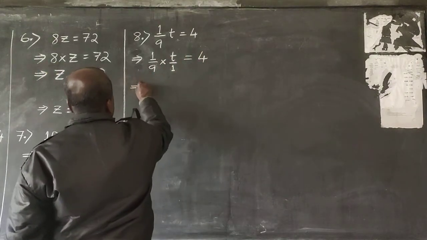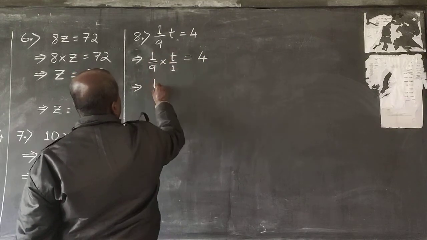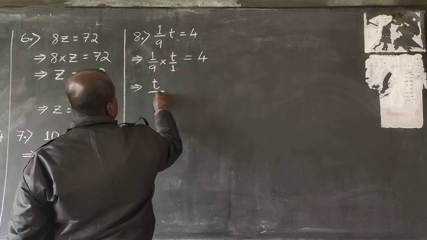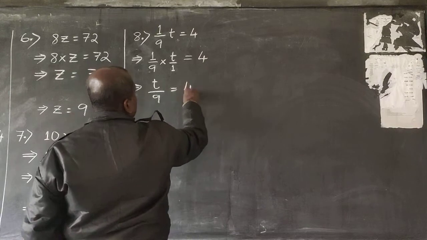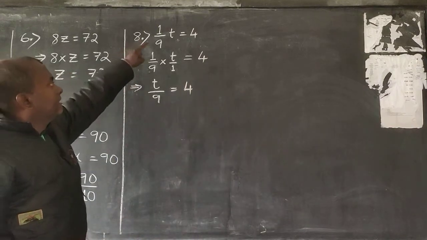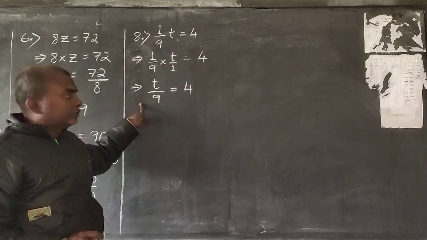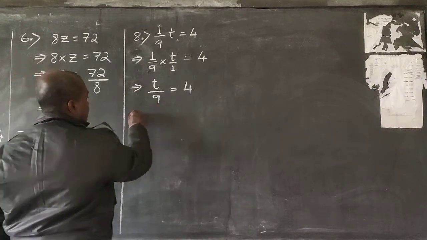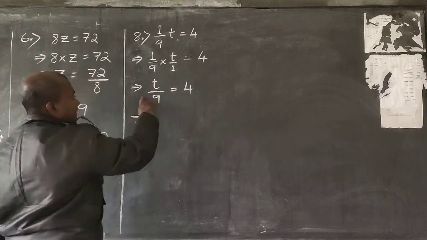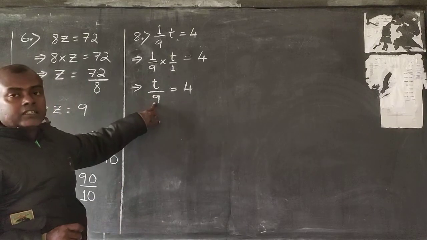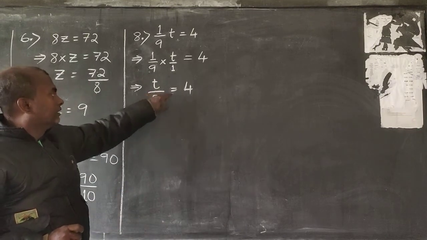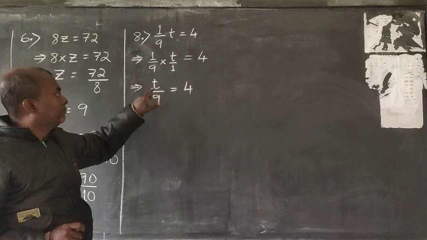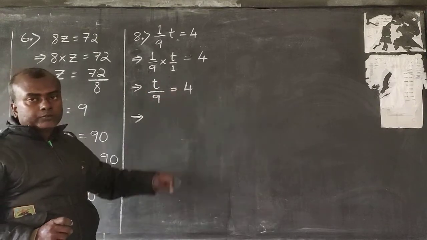So can be written as 1 into t is t, 9 into 1 is 9. So 1 by 9 t equals to 4 can be written this way also, t by 9 equals to 4. Now it is clearly visible that t is there as variable and 9 is there in the denominator. Division sign, t divided by 9 equals to 4.